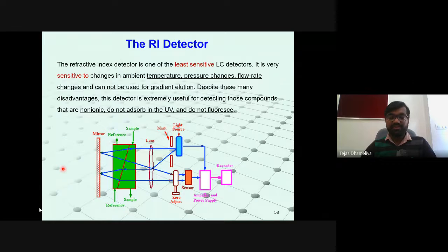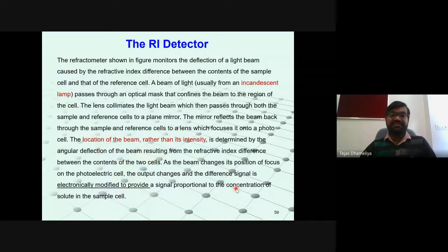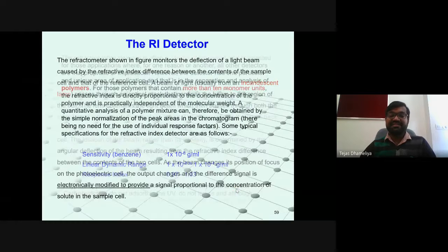Then it passes through the mirror and is detected with the help of a sensor and amplifier, which shows on the recorder. So this is basically the refractive index detector. The location of the beam, rather than intensity, is more important in this kind of detector.